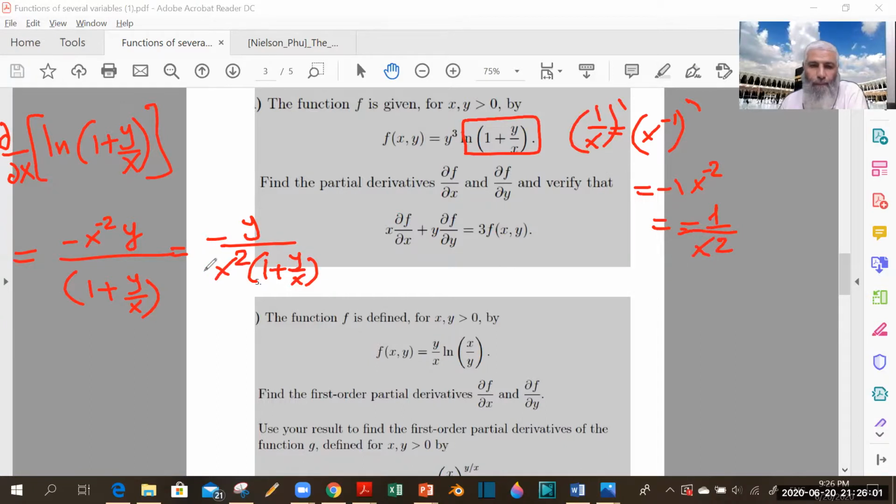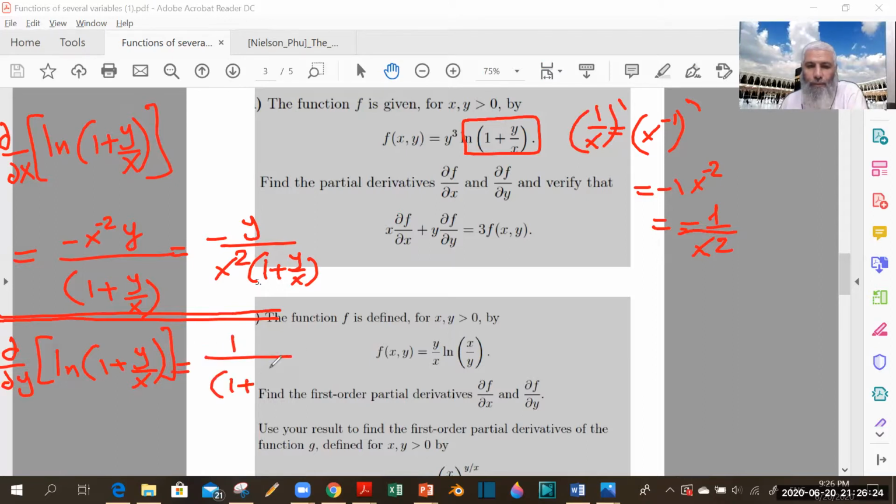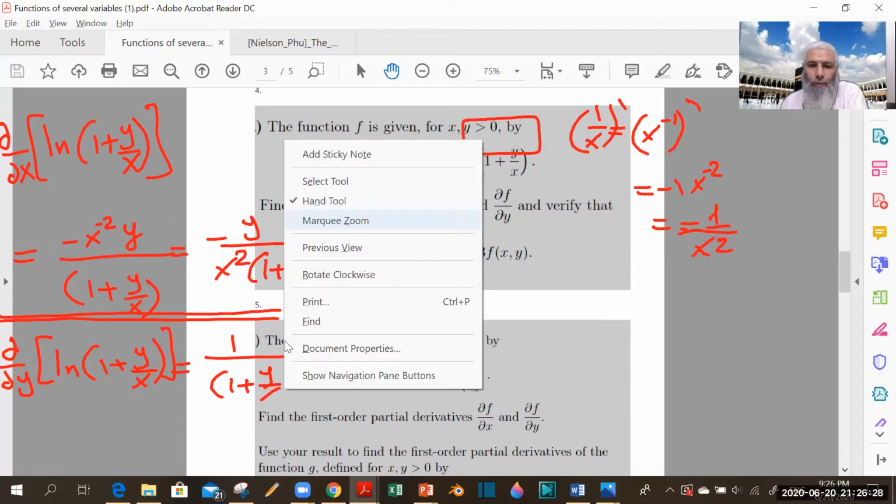It means it's the derivative of 1 over x, yes? Yes. Now, the derivative of this ln with respect to y. With respect to y, this is 1 over the bracket, right?